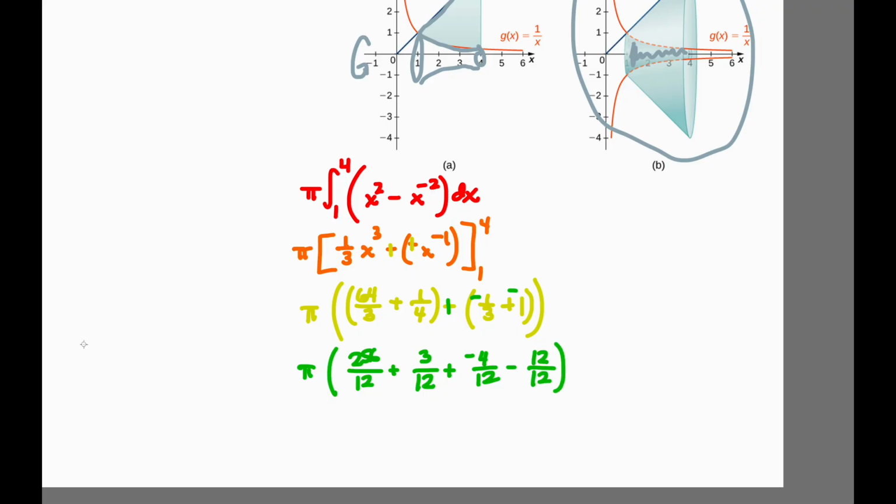All right, and if you sum those up, you're going to get 259 minus 4 is 255, minus 12 is 243. So you're going to have 243 pi over 12, which can simplify. We can divide the top and the bottom by 3, so you have 81 pi over 4, and that's the answer.